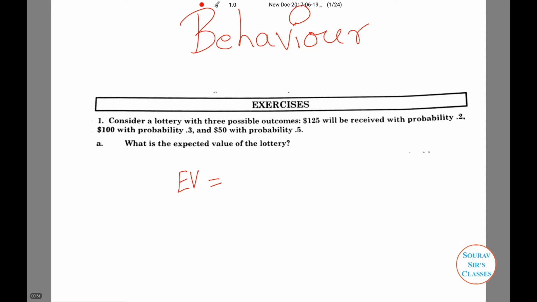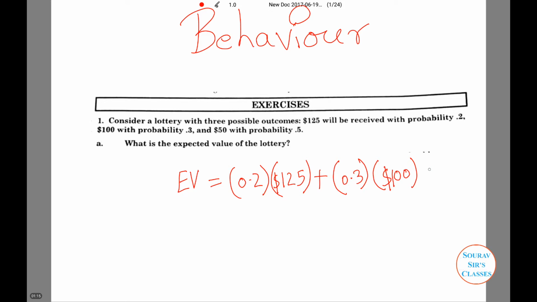In this case, EV equals 0.2 into 125 plus 0.3 into $100 and lastly 0.5 into $50.